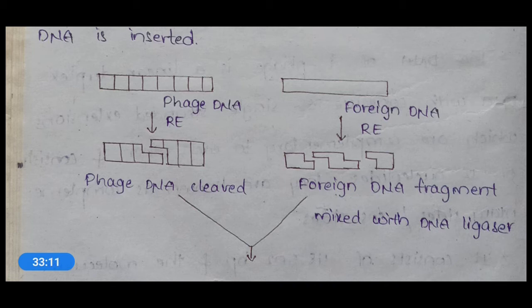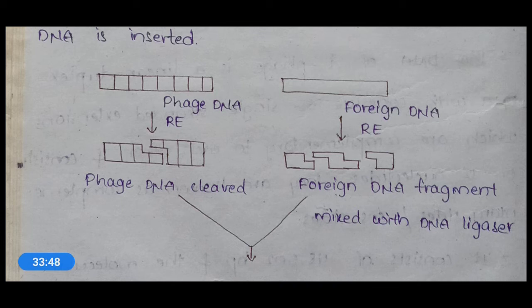Again we'll treat this foreign DNA with restriction endonucleases suitable to that foreign DNA, which will also cleave it into two parts, obtaining a desired gene with cohesive ends.